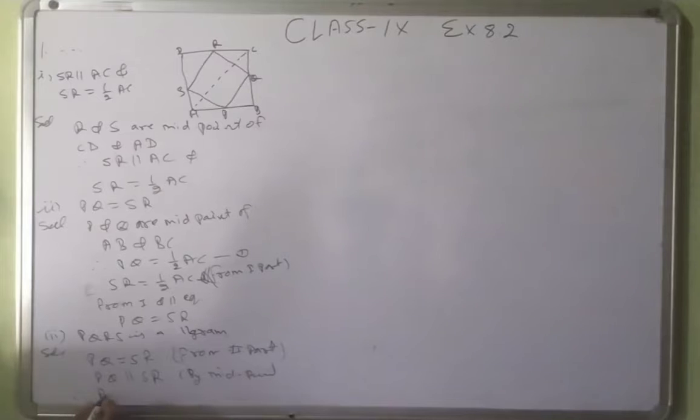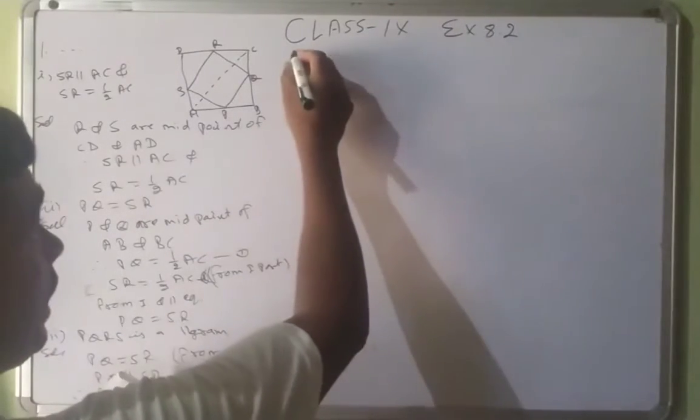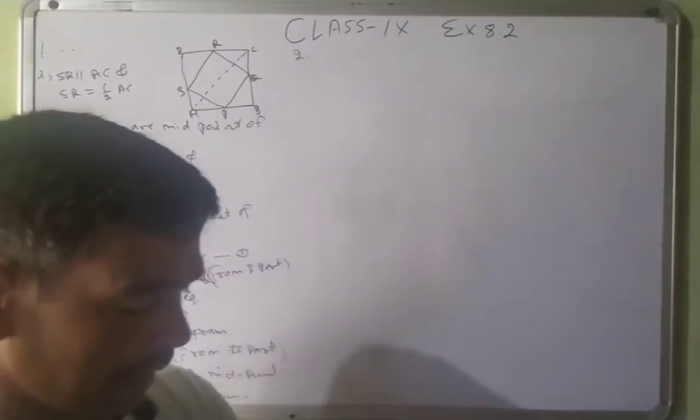So PQRS is a parallelogram, because if the opposite sides are equal and parallel, then it is a parallelogram.